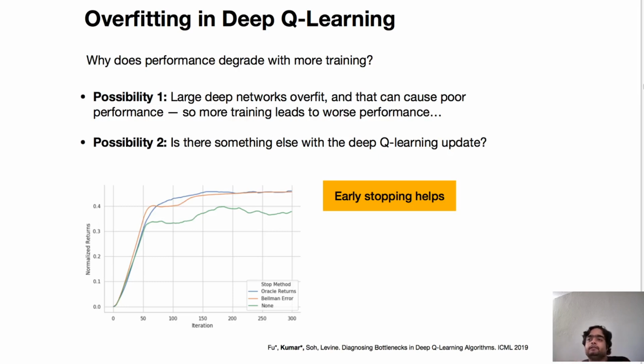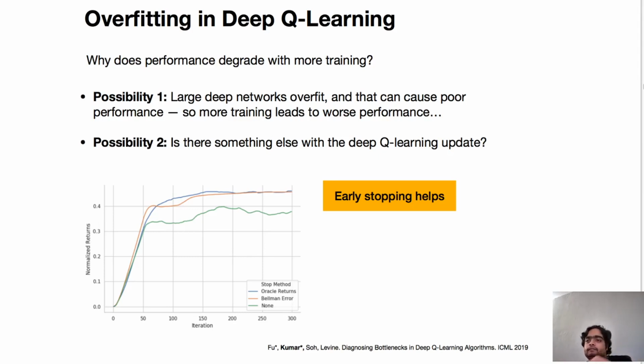So we ran training for many gradient steps, figured out which checkpoint is the best, assigned that as our final early stop solution, and then continued training from there. It's almost like cheating, but we wanted to use an oracle measure, and that's why we did this.